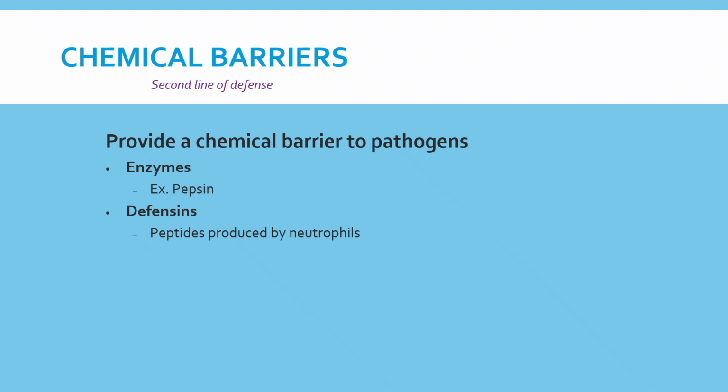Defensins are peptides produced by neutrophils, and they can cripple microorganisms by poking holes in the walls of their cell membrane, leading to their destruction, essentially. And then finally we have collectins, and collectins are proteins that can protect against many bacteria, yeast, and some viruses.